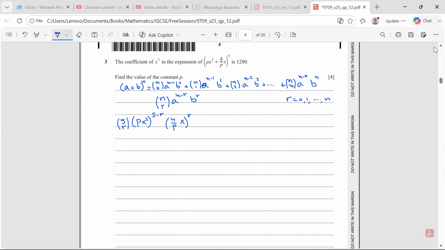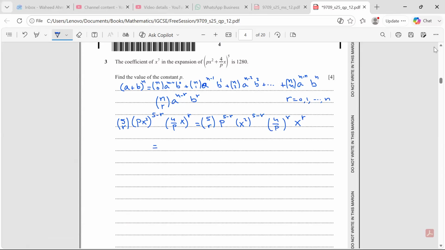Let me simplify a little bit. The 5Cr, and then p^(5-r), and (x^2)^(5-r), and then (4 over p)^r and x^r.